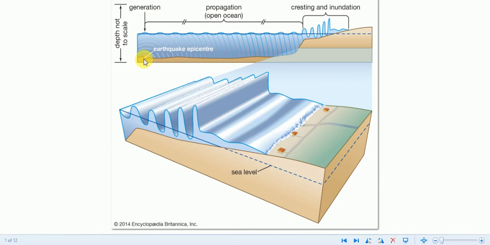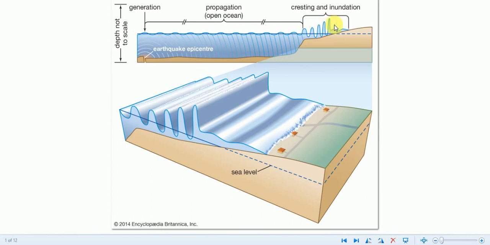See here, the earthquake occurs here, below the sea, and here on the seabed we have the epicenter, and from the epicenter these earthquake waves propagate, and when they reach here, then big sea waves arise. And see here, the magnitude of the sea wave increases as the distance increases. From here the size of the wave is small, but as the distance increases, the amplitude or the magnitude of the wave increases.